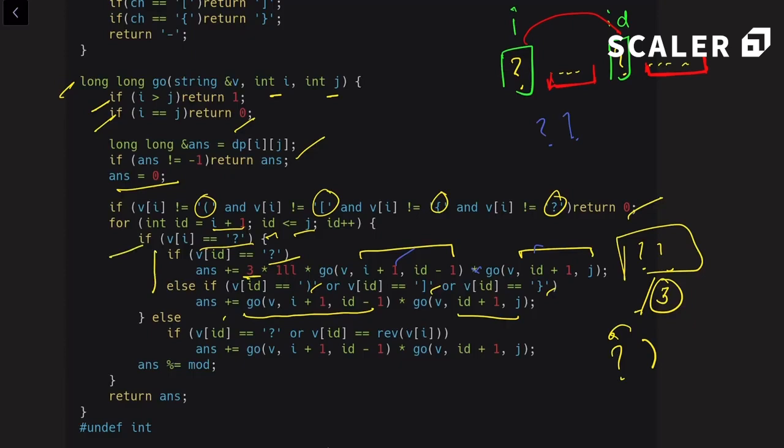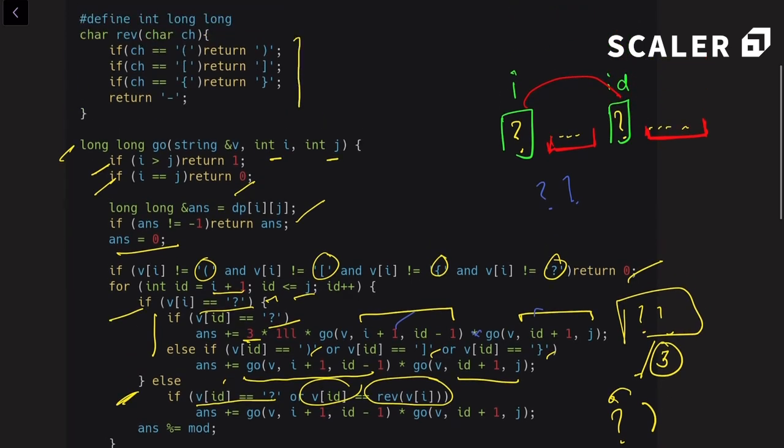And if my vi is some opening bracket, in that case, I need to check again, right? So here, our vid or our closing bracket can either be a question mark or it can be the reverse of our current bracket, right? Since we know that our vi is not a question mark, that means our vi is some character.